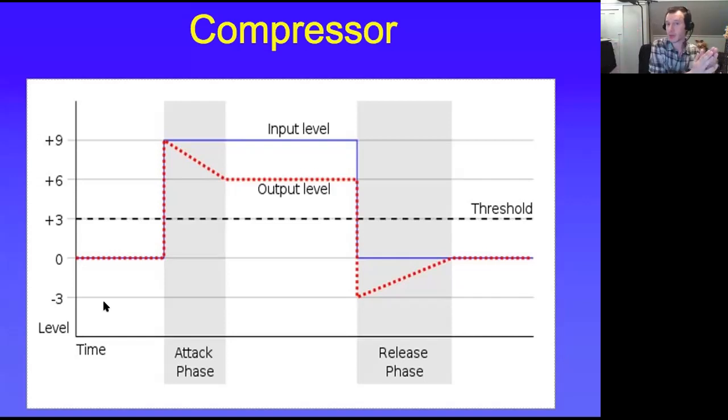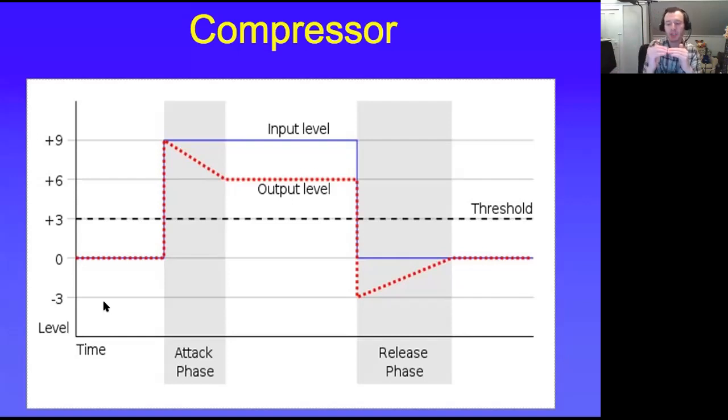So if our ratio is 2 to 1 and the signal comes in 2 decibels above the threshold, once we've fully engaged our compressor, the output should be 1 decibel above the threshold.